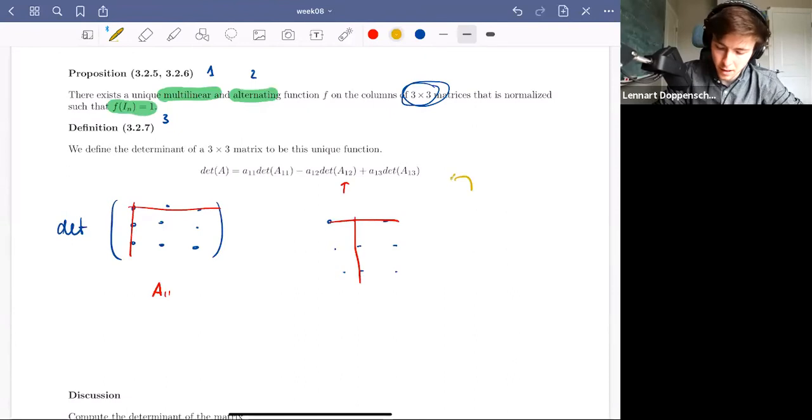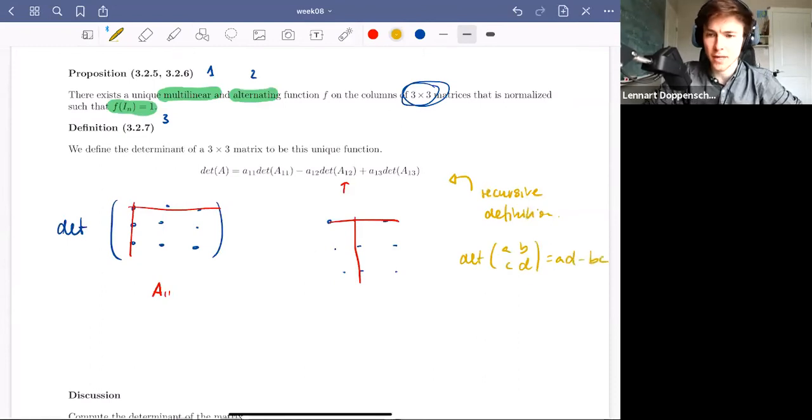Well, this is a recursive definition. It uses the 2x2 matrix, whose determinant we already know: the determinant of A, B, C, D is AD minus BC. And it says, if you have a 3 by 3 matrix, then you just sum up 3 different 2 by 2 matrix determinants with coefficients. And then you get the determinant of the 3 by 3 matrix.